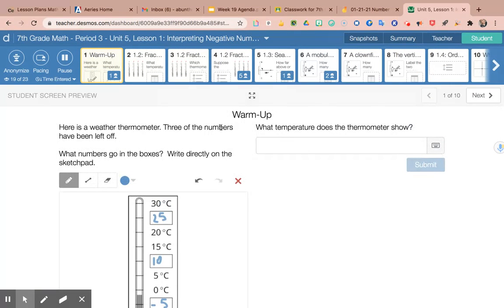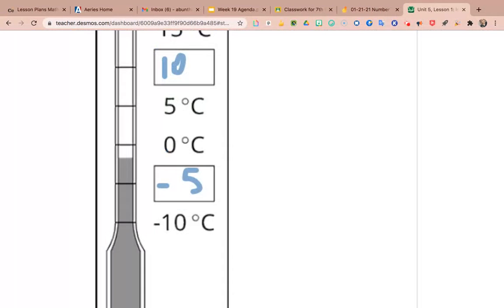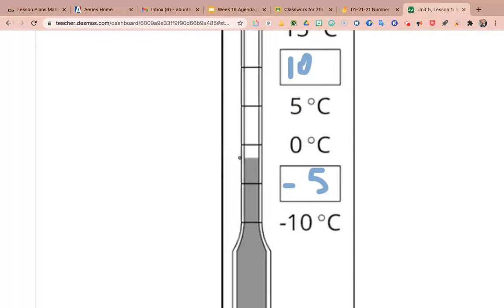All right, next question says, what temperature does the thermometer show? We're going to look at the shaded part, which is right here. It wants to know what number that is. So we have 0, negative 1, because remember, positives and negatives are opposites. If you're at positive, you count up by ones. If you're negative, you just count down by ones.